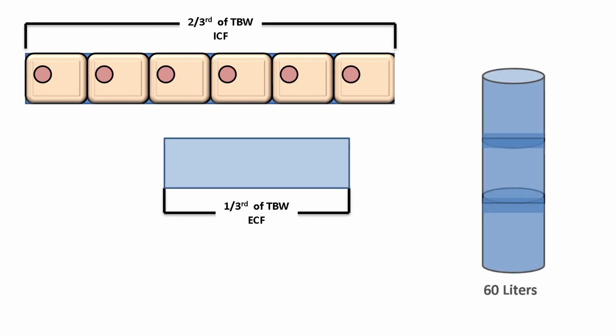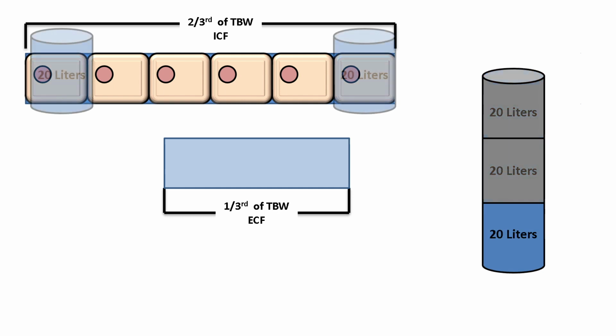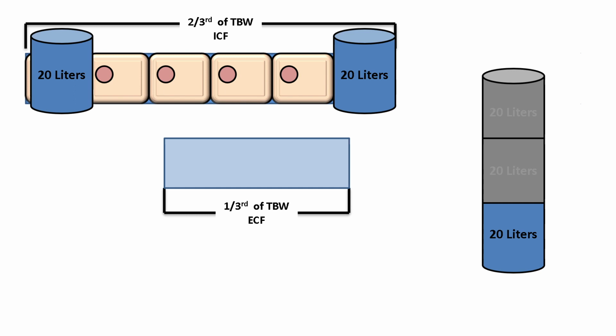For example, if a person has a total body water of 60 liters, then if we divide this total water into 3 equal parts, we have 20 liters in each part. Out of these 3 parts, 2 parts, that is 40 liters, will belong to the intracellular fluid space and the rest will belong to the extracellular fluid space.